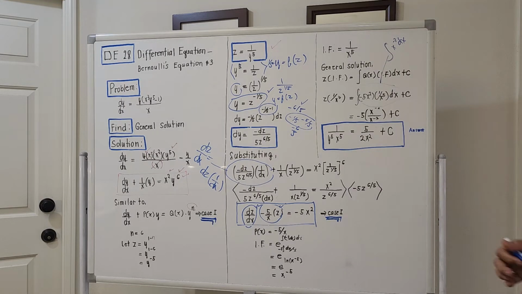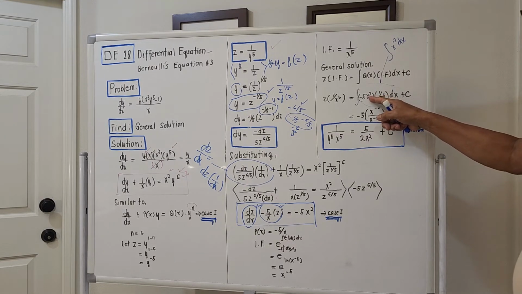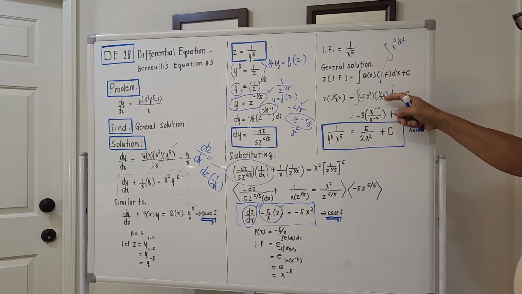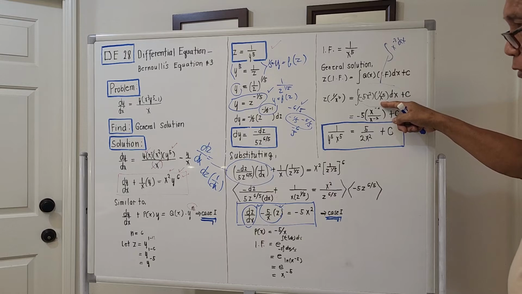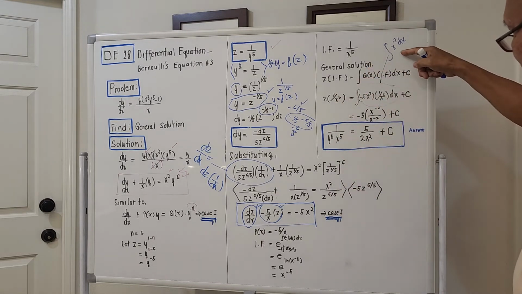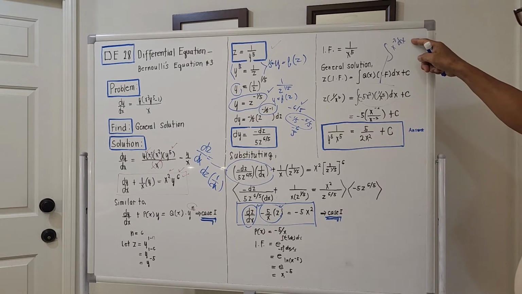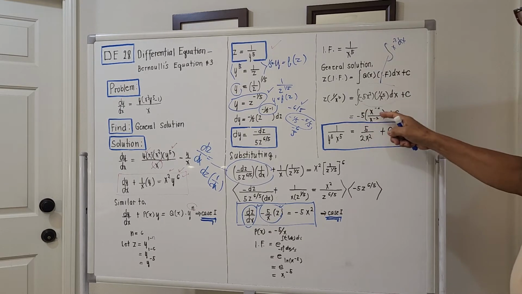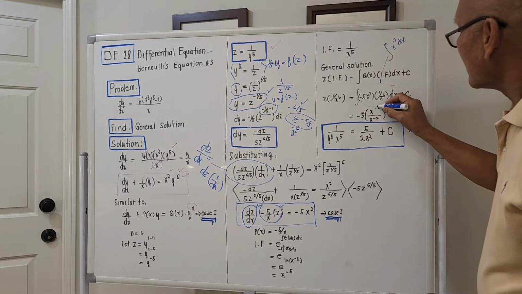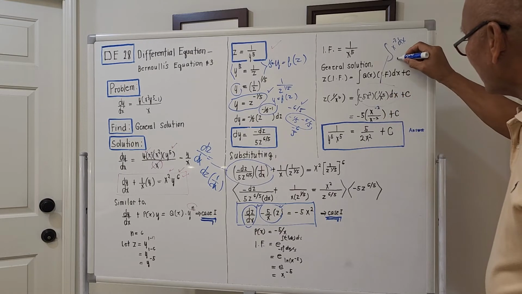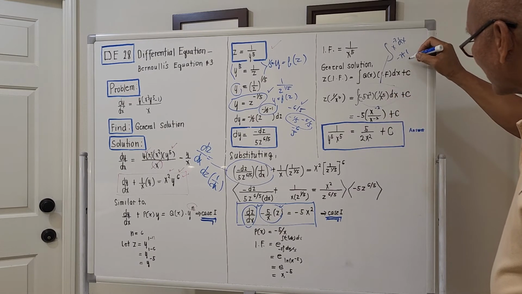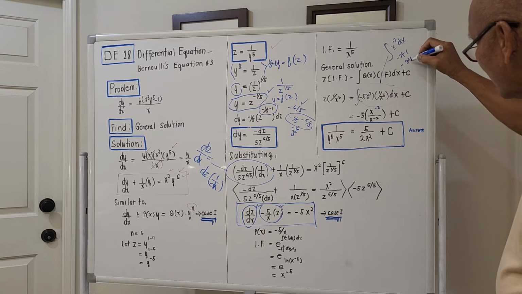Okay? Because this is 2, this is 5, what will remain will be x to the 3rd power. We bring it up, it will become the integral of negative 5 times x to the negative 3 times dx. Power formula. So this should be negative 3 plus 1 over negative 3 plus 1.